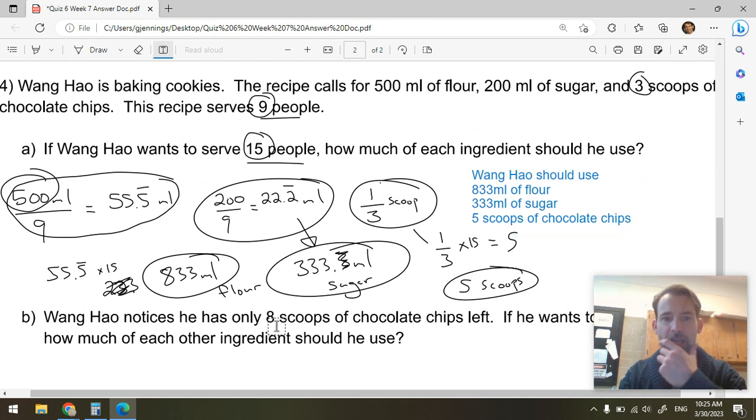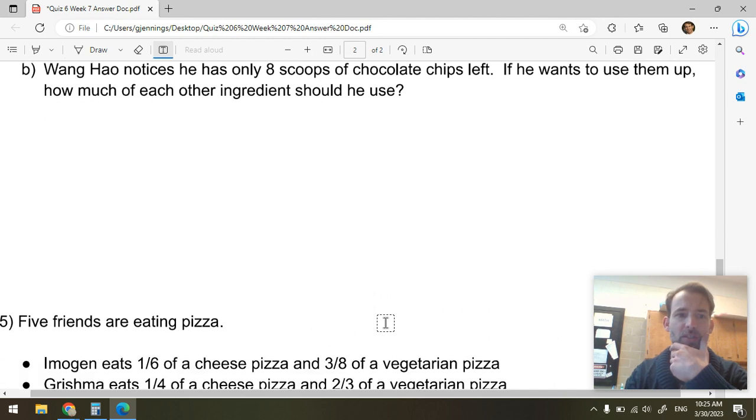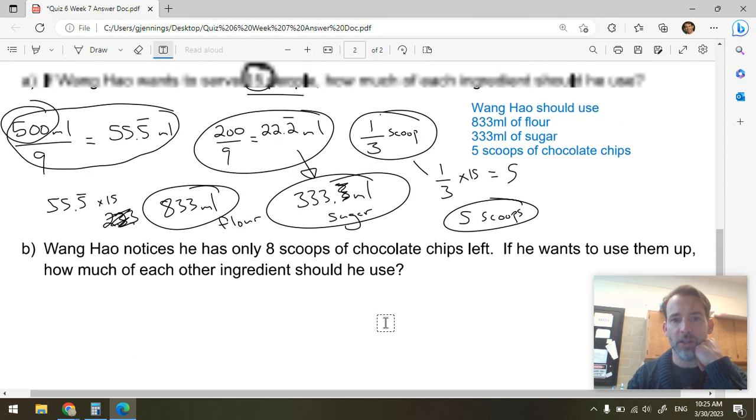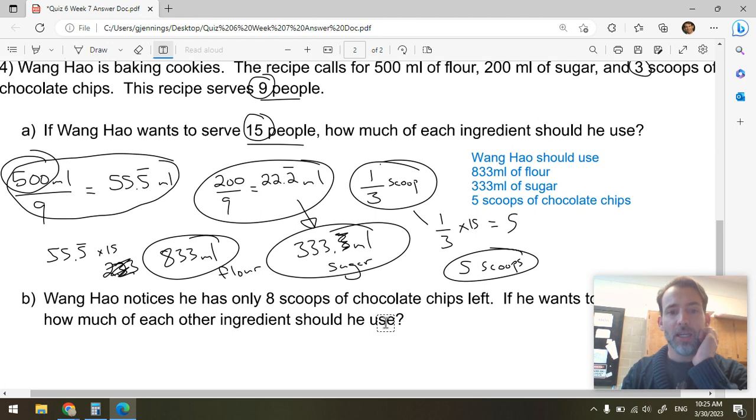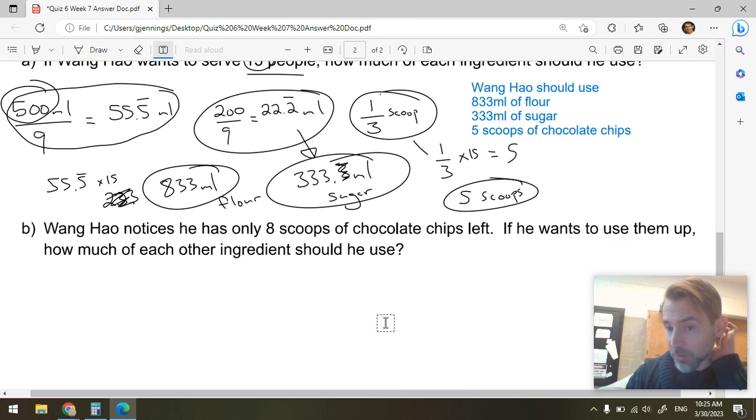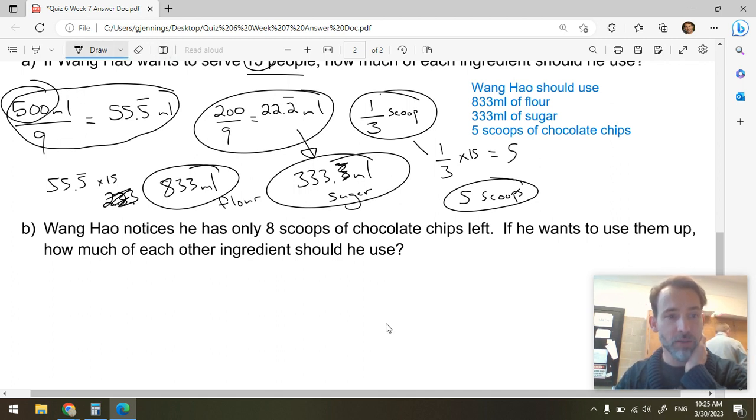Now, supposing he only has 8 scoops of chocolate chips left, and he wants to use them up, how much of each other ingredient should he use to balance his recipe? All right. So normally it's 3 scoops. We're going to have a bigger recipe. So what I would do is say the size of this recipe will be 8 divided by 3. Notice that number is bigger than 1.